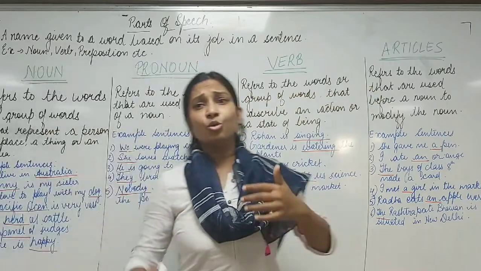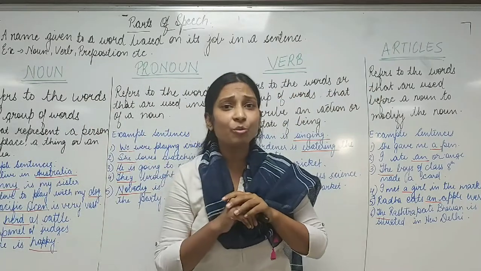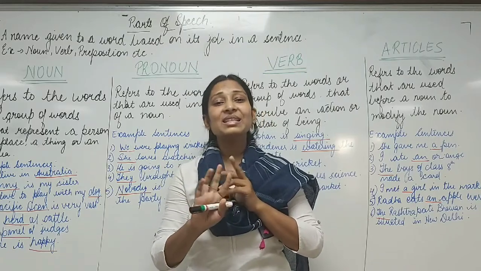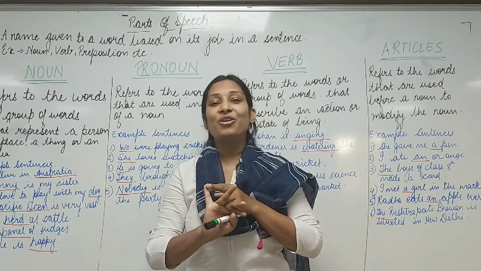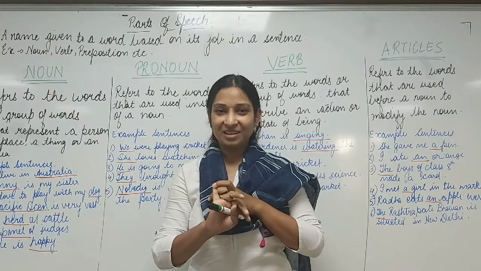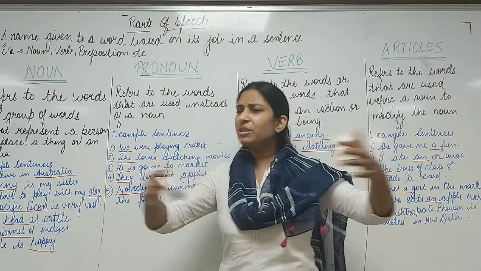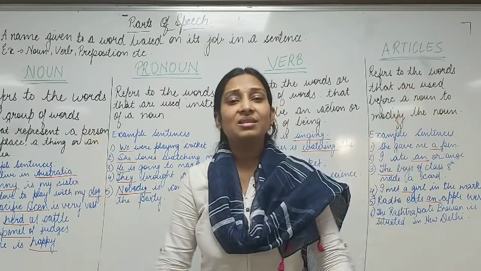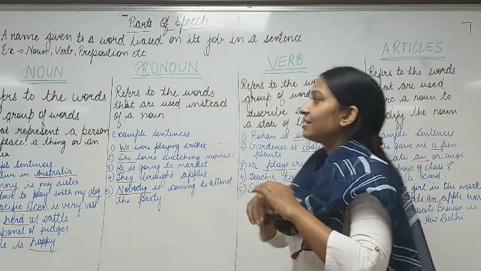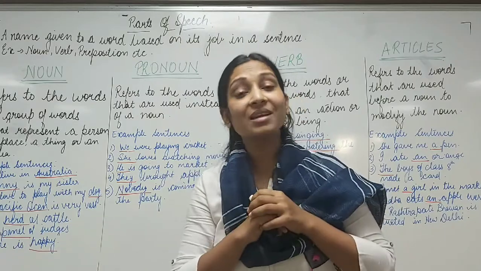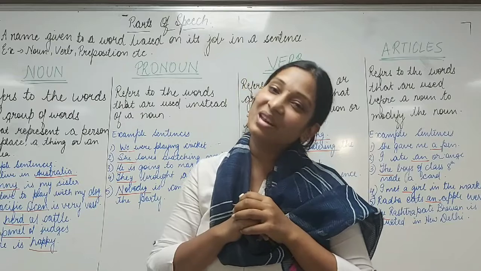Noun refers to the words or a group of words which represent a name of a person, place, animal, thing, or an idea. Clear? We have done so many examples. I told you everything that has a name around you is a noun. Second thing is pronoun. Pronoun refers to the words that are used instead of a noun.